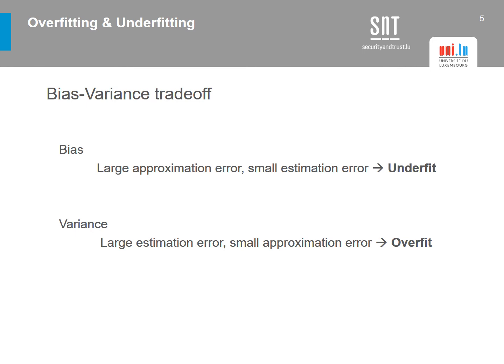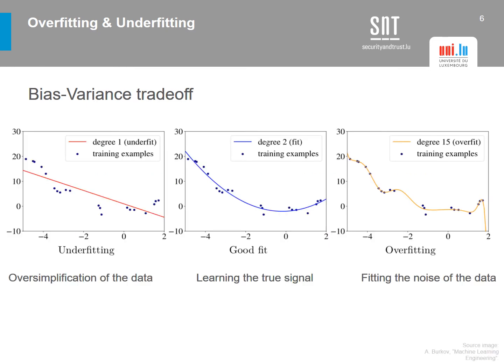Let's discuss this further with the help of a pictorial representation. So let's take this example. Here in the figure, we have features on the horizontal axis, and on the vertical axis, we have labels. Now, this is a regression scenario because we can see that the label is a continuous variable.